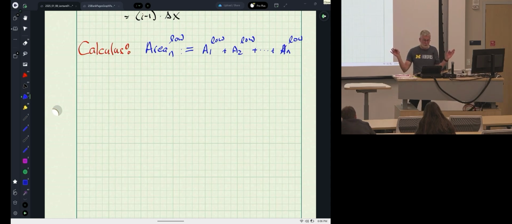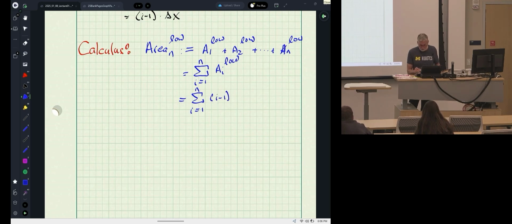The calculus is done, okay? We've defined a lower approximation for the area. Now we've got to just compute it all, okay? So that's the sum, i equals 1 to n of Ai low. That's the sum, i equals 1 to n of our formula we had.